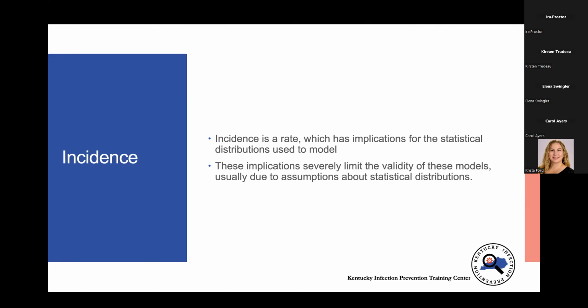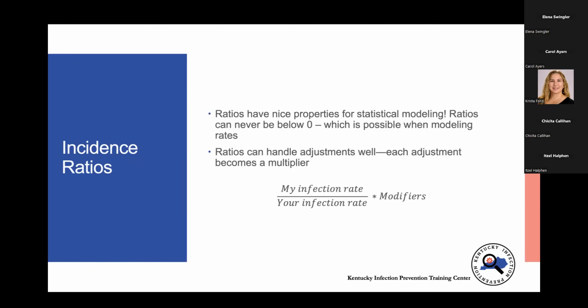So some of these implications really limit the validity of these models. Also, if it is a rate, that brings into account the processes by which rates happen, and there are lots of assumptions for that type of process too. I won't get into all of the limitations there. Just know that incidence can be difficult to model. So that's why we might look at incidence ratios instead.